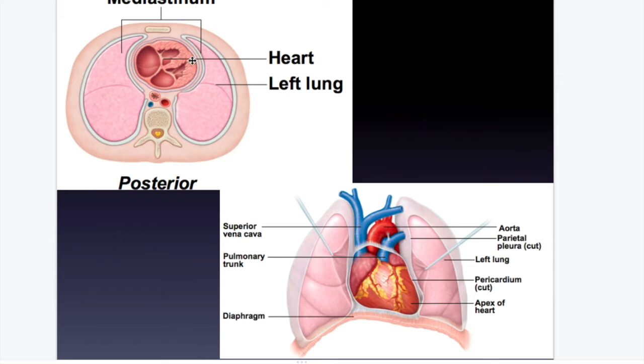Here you are seeing the inside of the heart, and you can see it surrounded by the lungs. And then right here, this bone would be the sternum that covers the heart. Okay, so you can see that it is actually in the center of your body. It's not on the left, even though I really don't know why anybody ever said that, but your heart is actually in the center of your chest, is my point there.